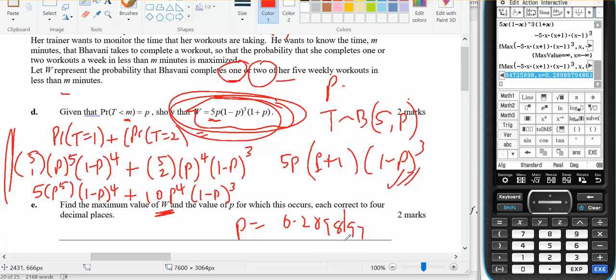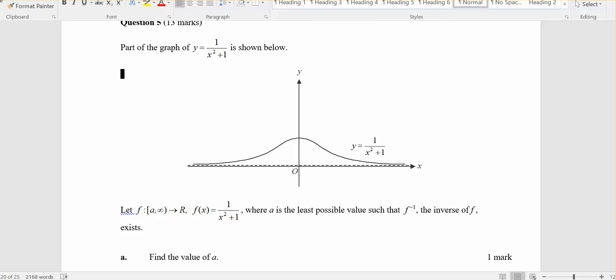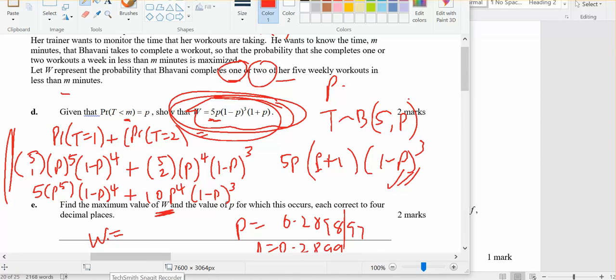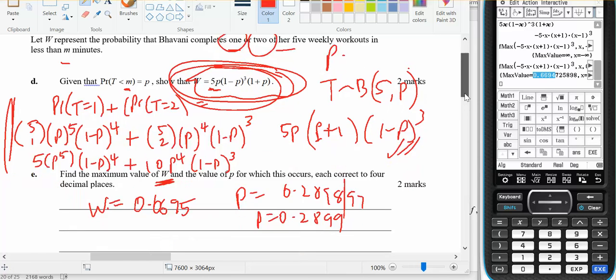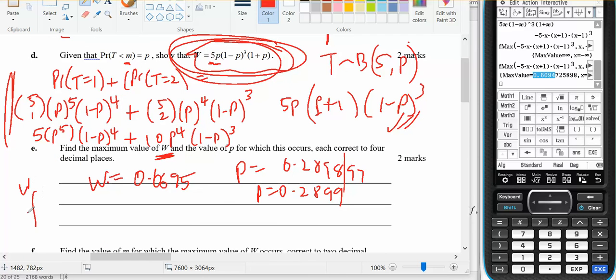So to 4 decimal places, p equals 0.2899 and W equals 0.6695, and that's the fMax method.